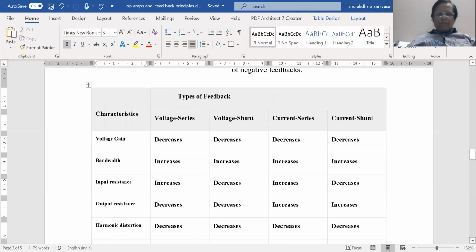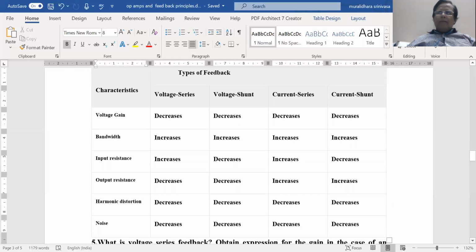Then it comes to voltage shunt feedback. Because it's a shunt feedback, output impedance should decrease. Input impedance, because it is a shunt connection, also decreases. Voltage gain decreases. In all negative feedback, voltage gain reduces. Take it for granted. Bandwidth increases in all cases. Input impedance depends on the connection. In all series feedbacks into the input, the input resistance will increase.